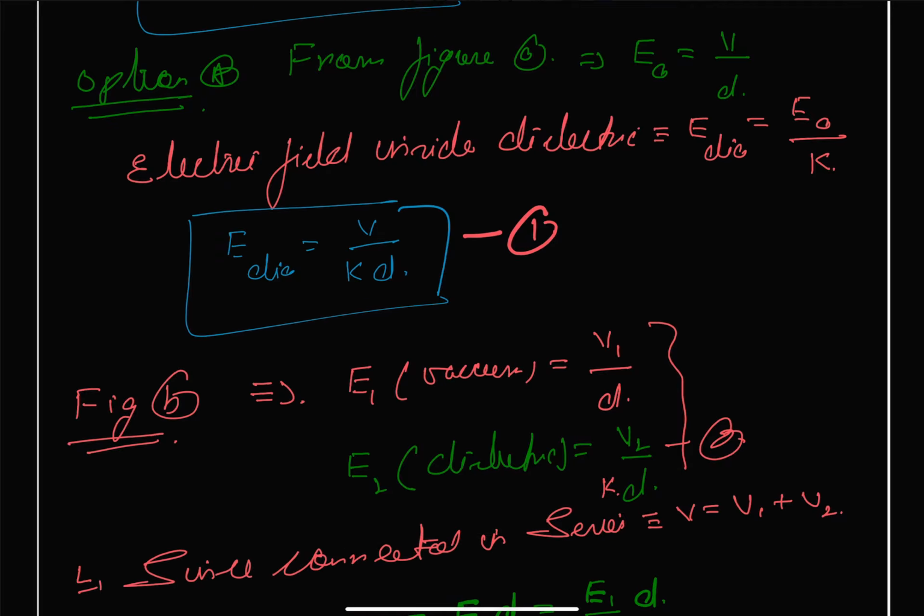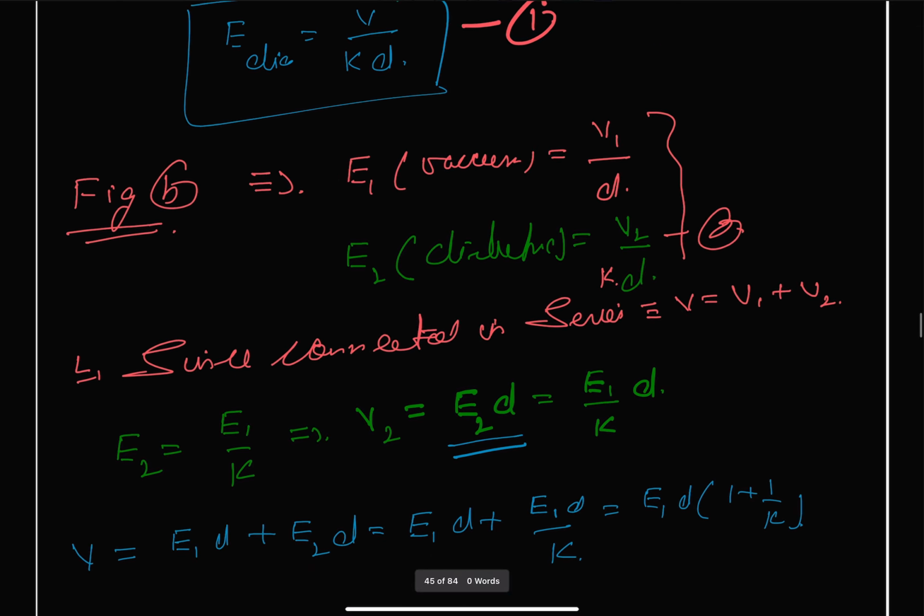Electric field. V upon D, E upon K, so this comes as E dielectric V upon D, and E2 is also because of our dielectric.